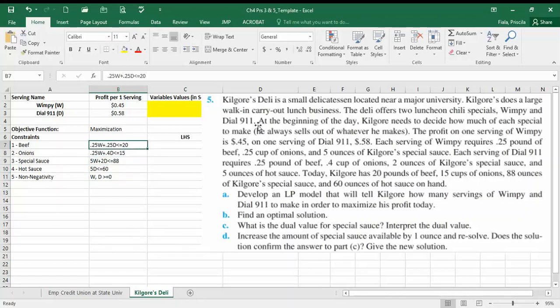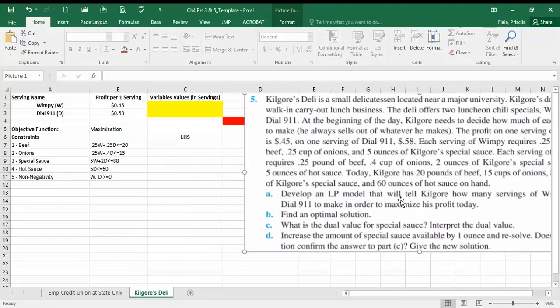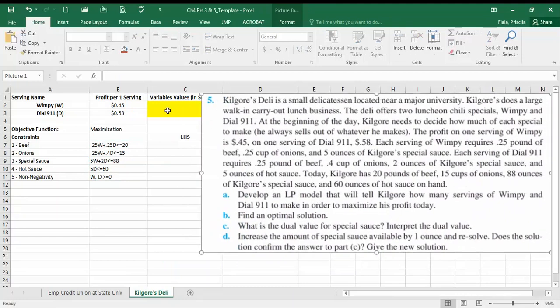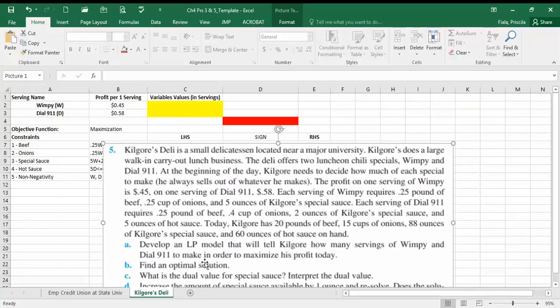Okay. So now we can go ahead and put down here the questions. First we're going to develop the LP model that will tell us how many servings of Wimpy and Dio 911 to make in order to maximize his profit today. The second question is to find an optimal solution.